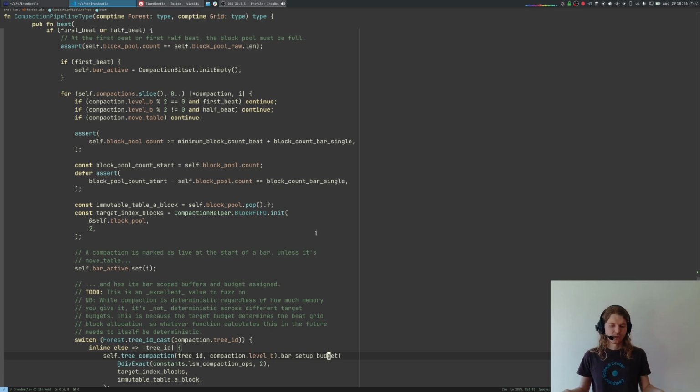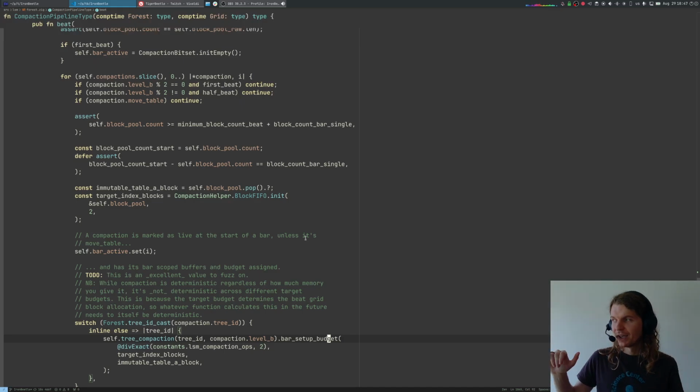So we need to, say, merge one table from level 3 with like 6 tables from level 4. And we have the estimate on the total number of values we might produce. Because we looked at the sizes of the input table and the sizes of the output tables, and we know that the result is between the sum of the output tables and the sum of the output tables plus the size of the input table.